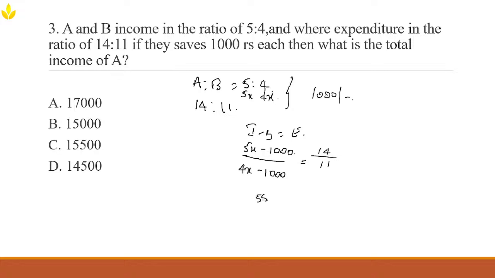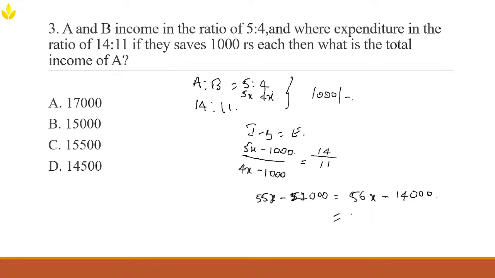So 55x minus 11,000 will be equal to 14 into 4, which is 56x minus 14,000. Here, shift all the x terms to one side and the constants to the other side.